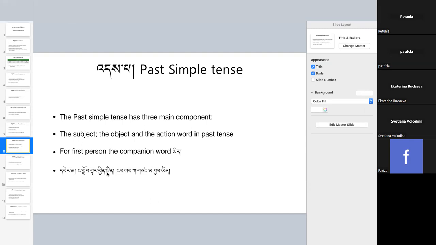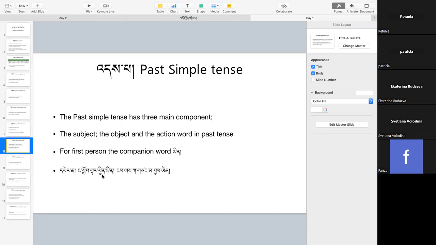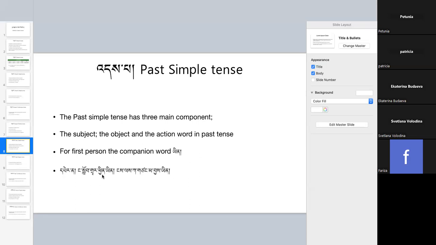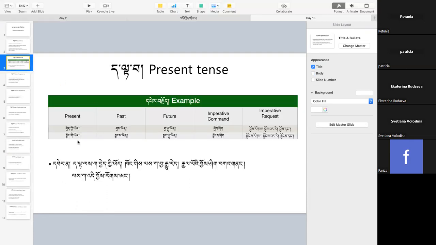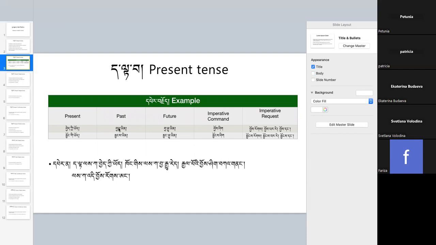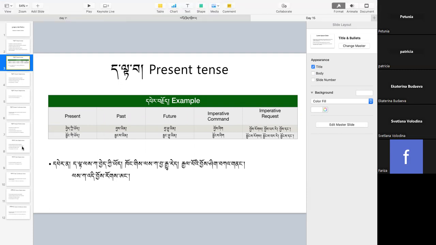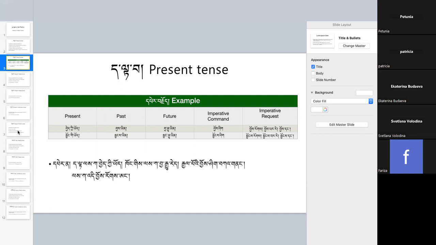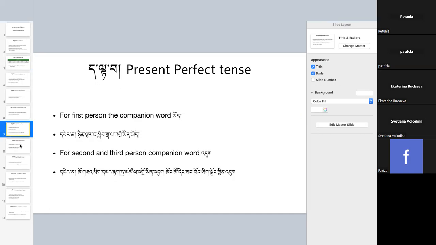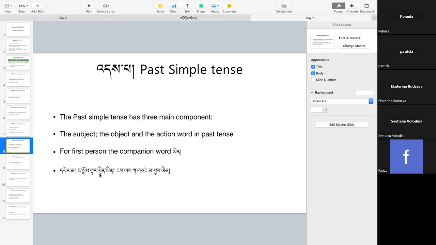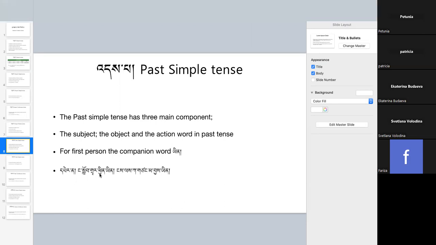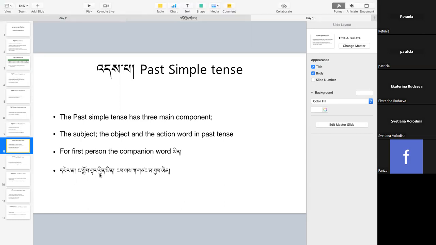But in case of dro, it becomes chin. So there is a change from dro to chin. In the case of che, though there is a slight difference, it's not as different as it is in the case of the past simple of to go, dro. So dro, chin.